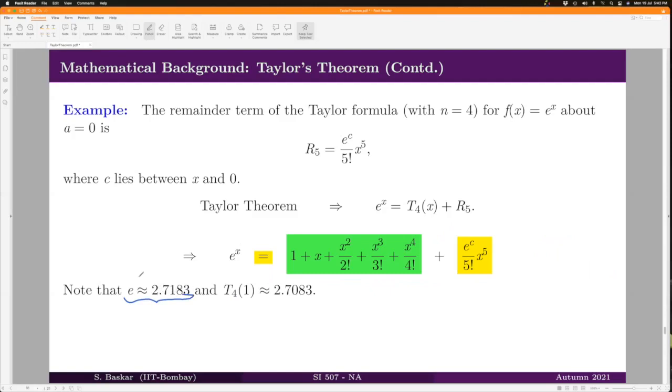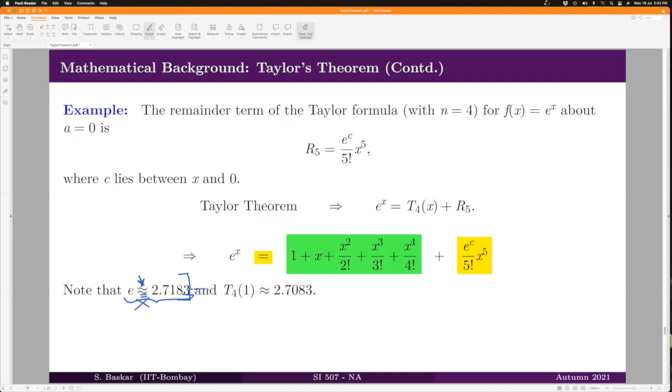approximately 2.7183. Why again did I put approximately equal to? Note, I have only written approximately equal to because this will keep on extending to many digits, but I have just stopped at 4 decimal places. That is why I put approximately equal to. Again, I am telling you, in numerical analysis, we take such notations very seriously. If you put equal to, I will simply not accept this representation.